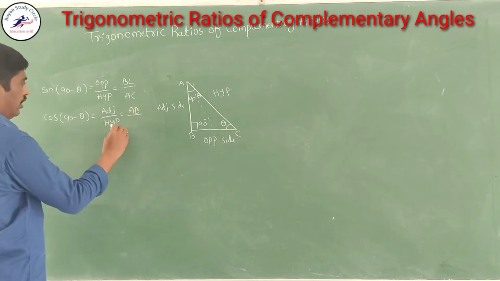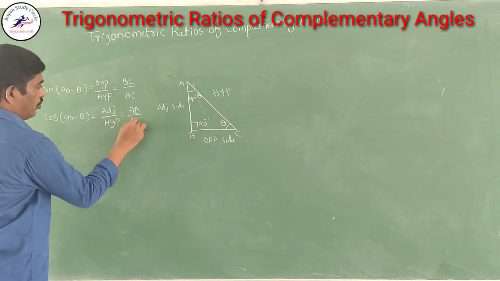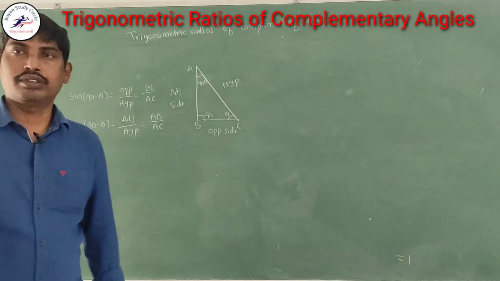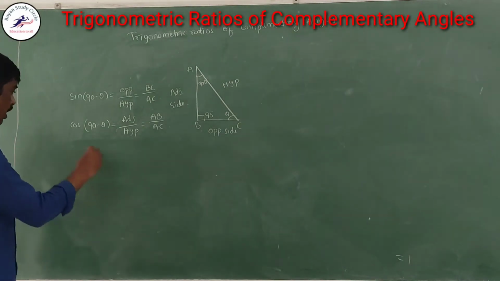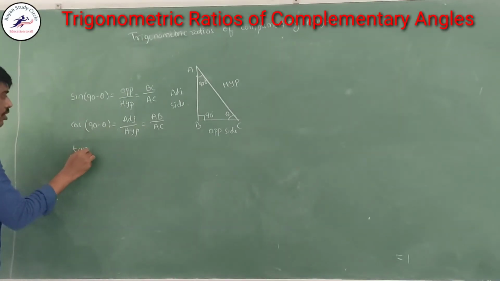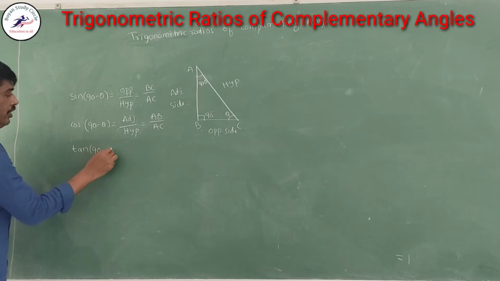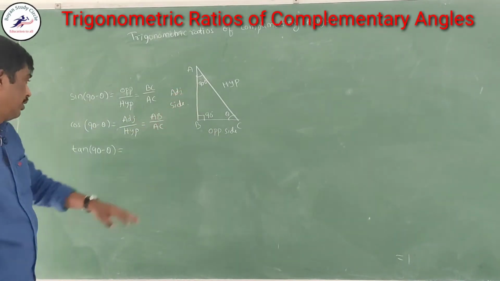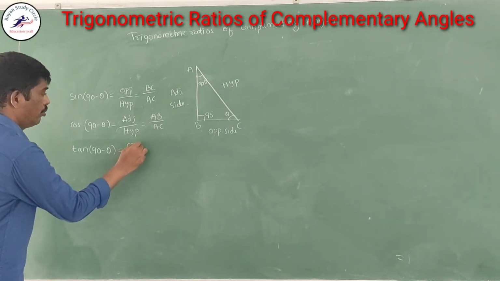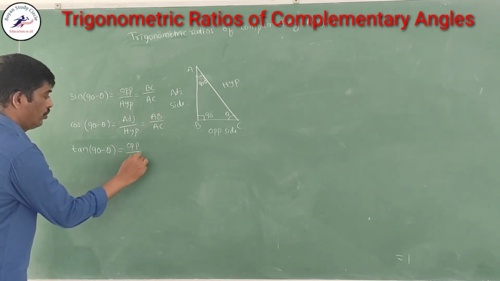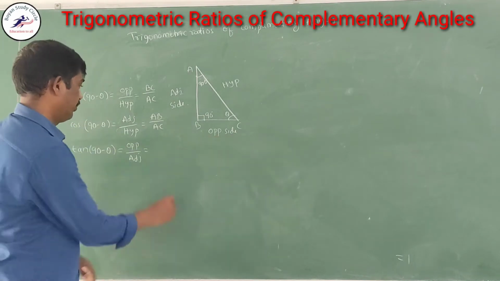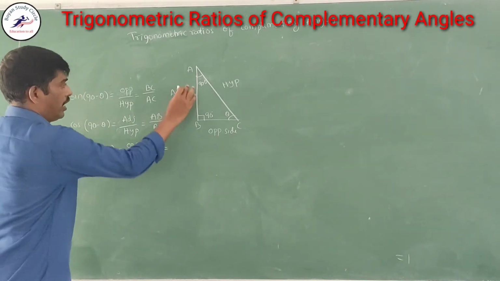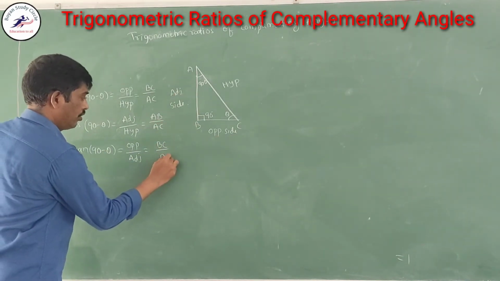So, AB by hypotenuse AC. Now tan of 90 minus theta is equal to opposite side by adjacent side. What is the opposite side? BC. BC by adjacent side AB.